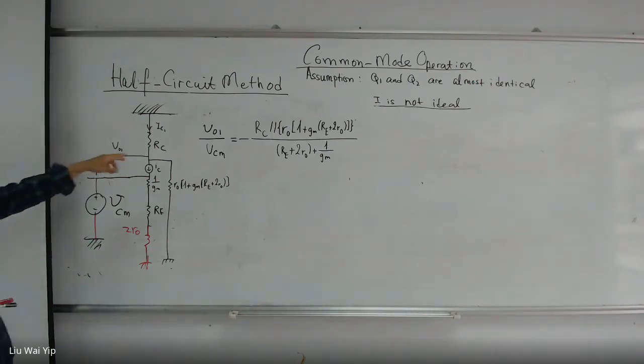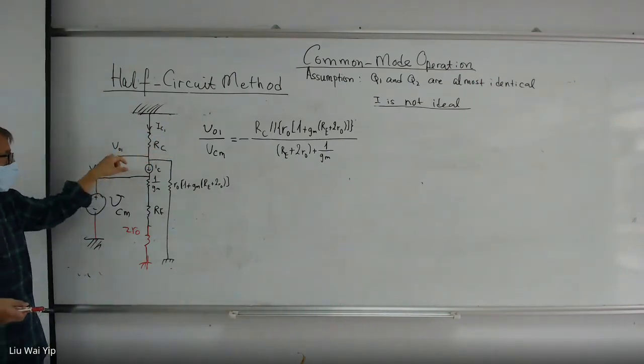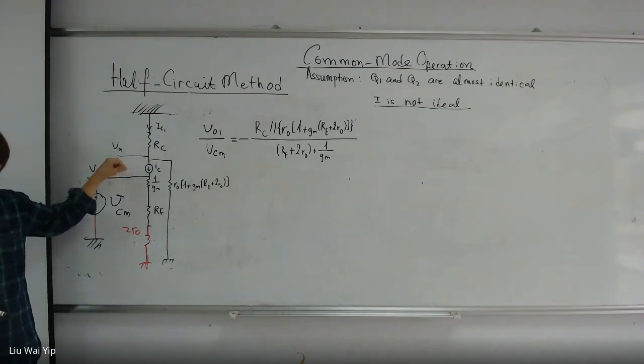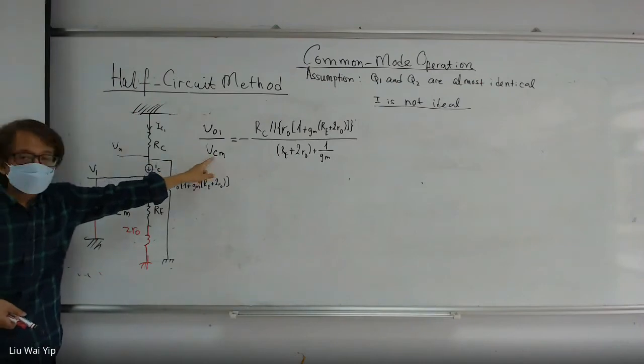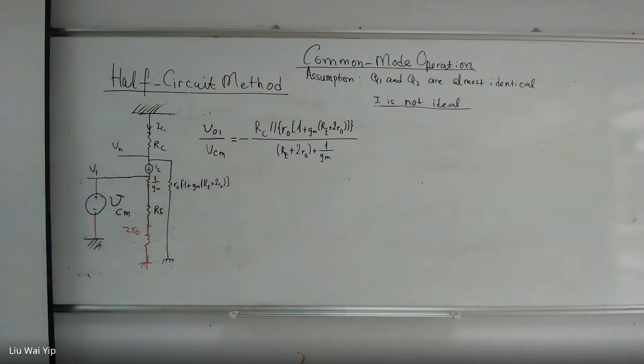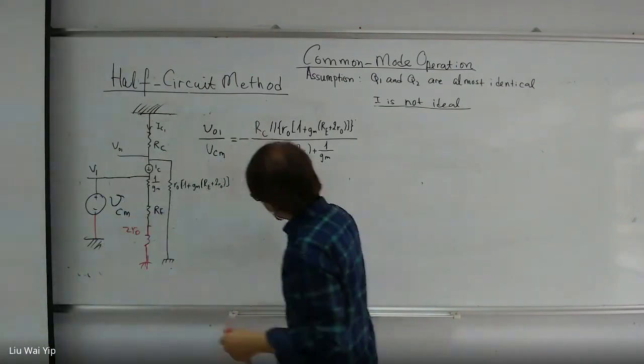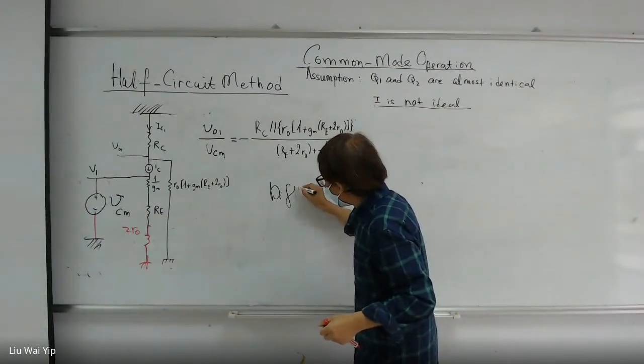The output single-ended means you only need to find the one output divided by the common mode. The common mode means V1 plus V2 divided by 2. Okay, now we have already achieved something. We managed to find the differential gain.